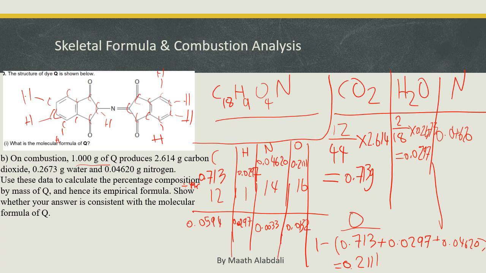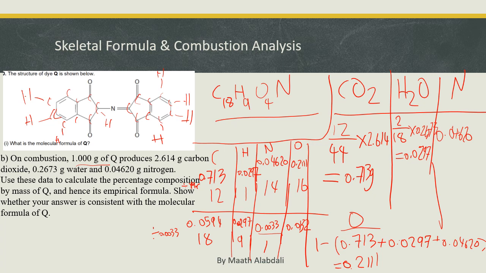And then you have to divide everything by the smallest number, which is 0.0033. 0.0594 divided by 0.0033 is 18. This one should be around 9. This one is 1.